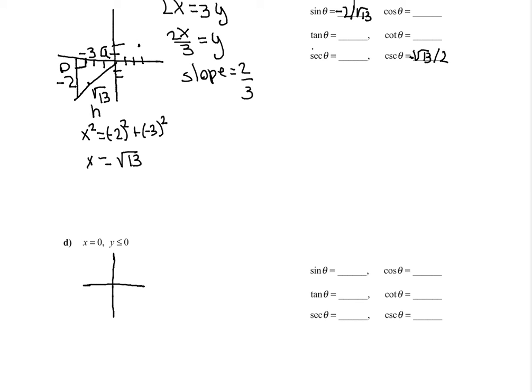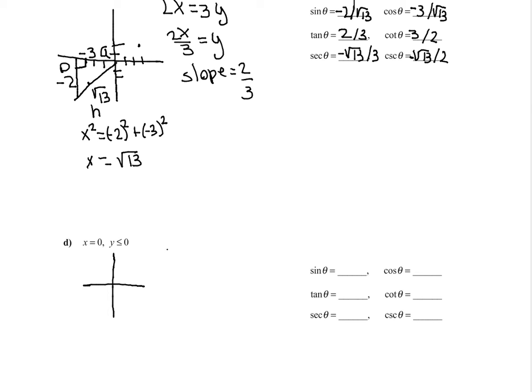And tan is opposite over adjacent, so you get 2 over 3, and cot is the inverse, 3 over 2. And cos is adjacent over hypotenuse, so negative 3 over root 13. And this is the inverse, negative root 13 over 3.